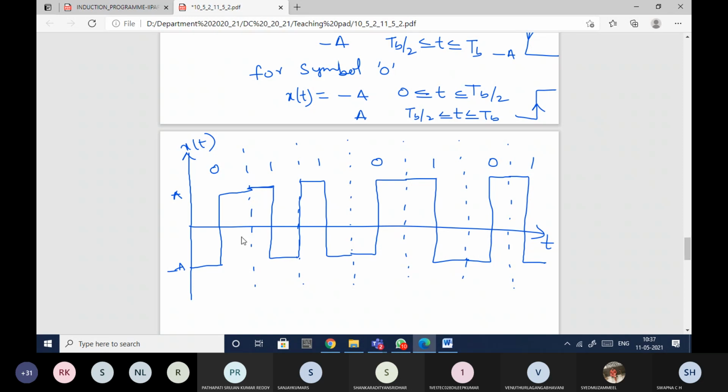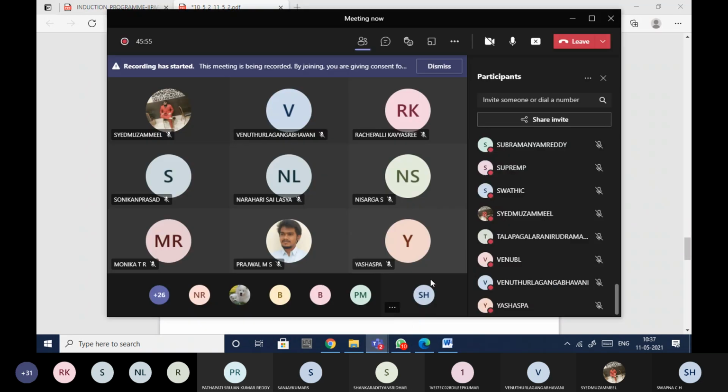That is the reason this is more advantageous. So this is your split Manchester encoding format. Anybody have doubts in this format? Okay, fine.